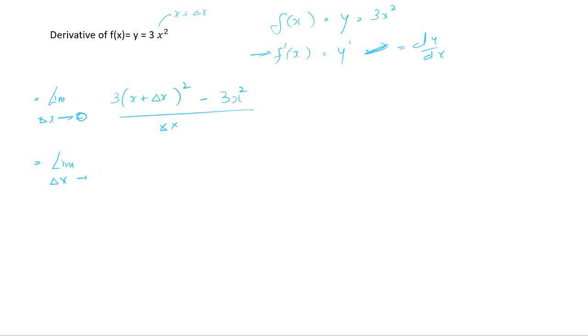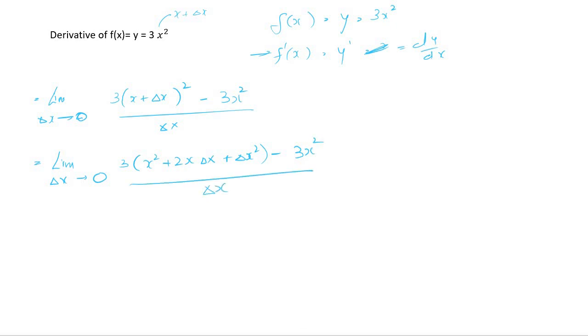So we will expand this. It would be x squared plus 2x delta x plus delta x squared, and we have to multiply by 3, minus 3x squared, over delta x.